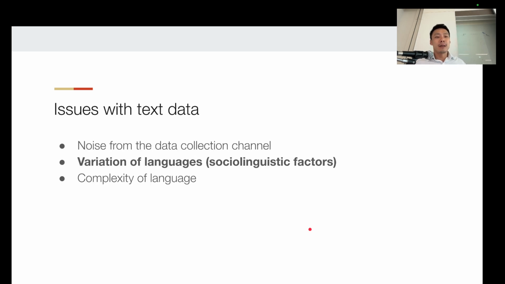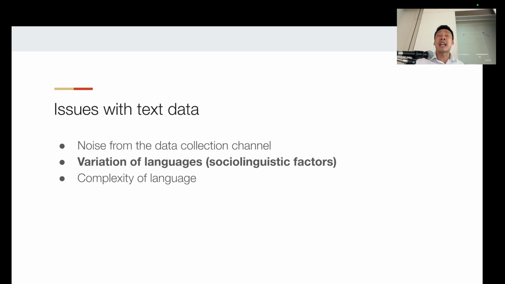All right, let's look at some actual data. What else would happen with your data? The thing with language is that language depends on the users, right?